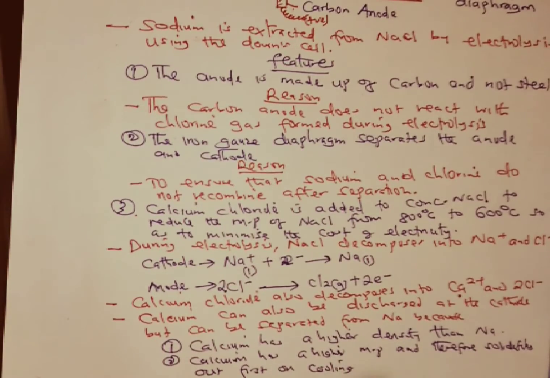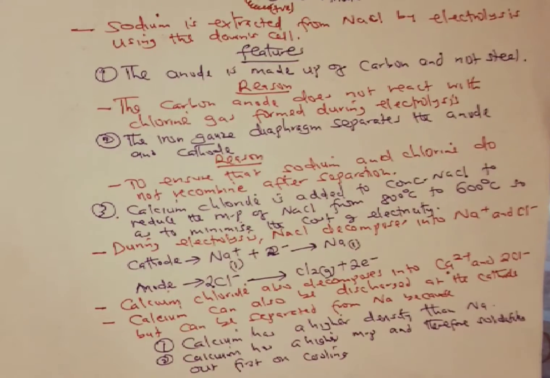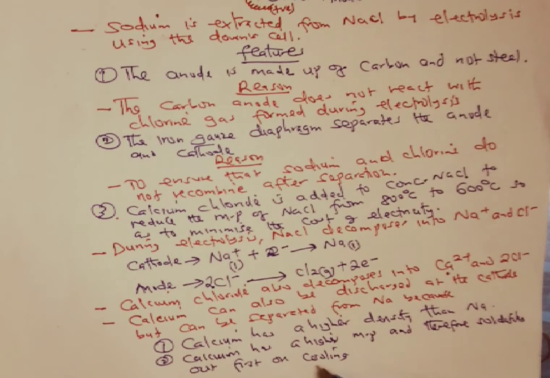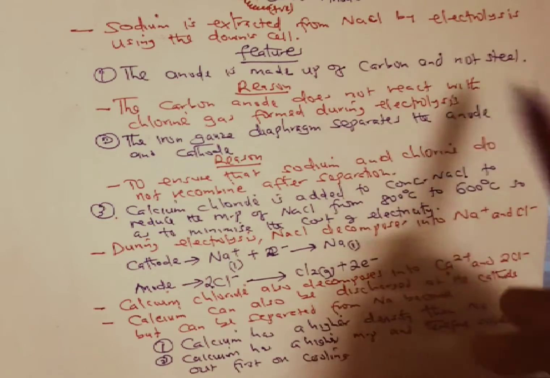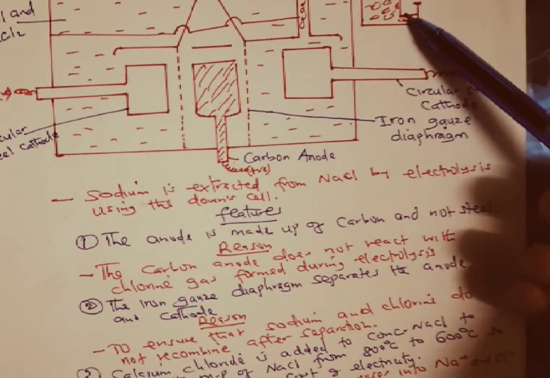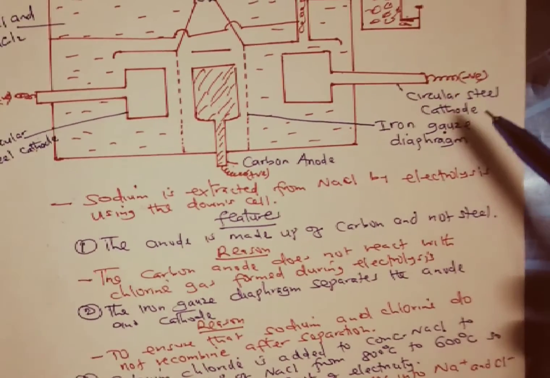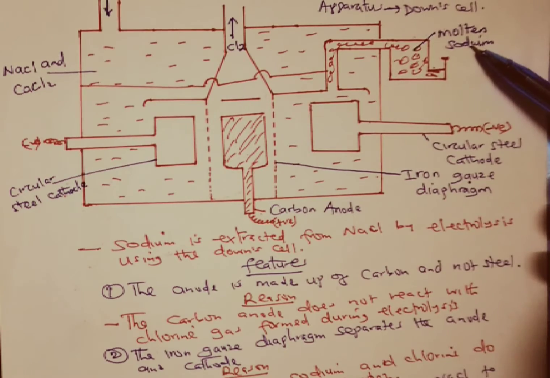Sometimes you can be asked a question to identify one impurity that is present in the sodium that is collected in this particular process. The impurity that can be contained where molten sodium is collected is calcium.